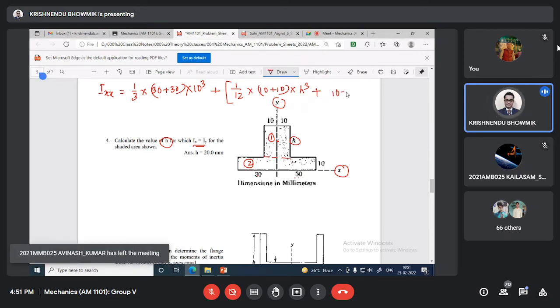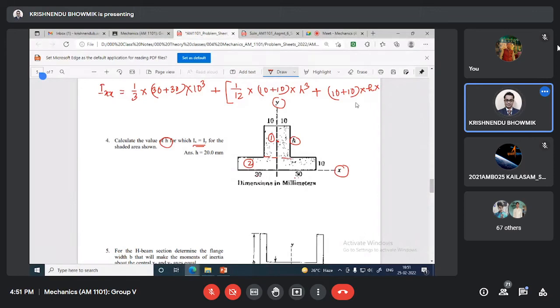Area is 10 plus 10 multiplied by height. This is the area multiplied by distance square. The distance is 10 plus h by 2, squared. This value is the IXX.